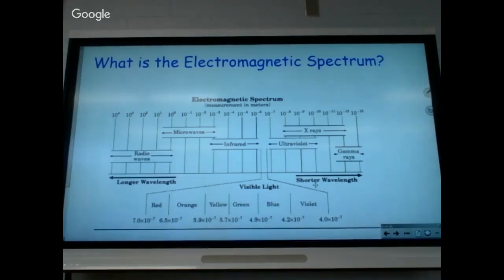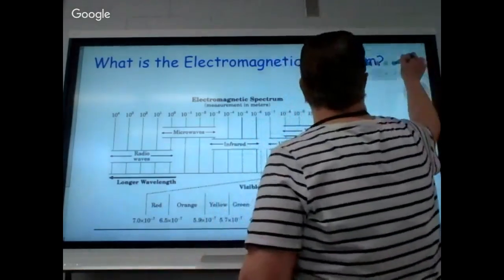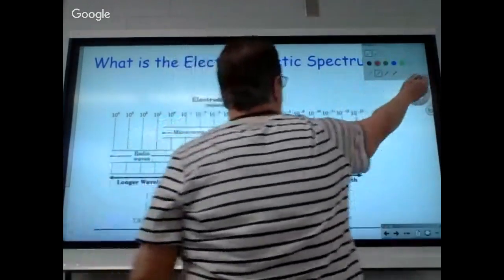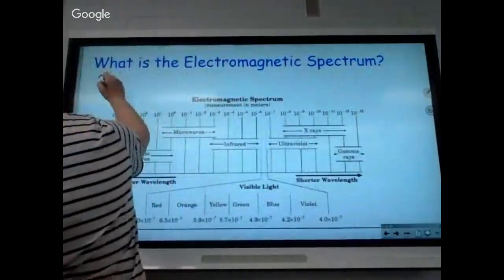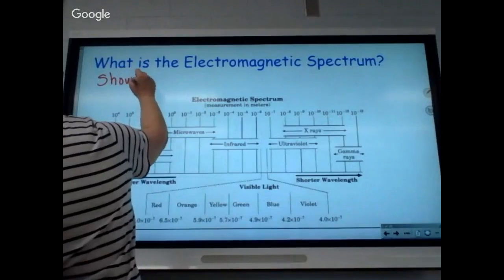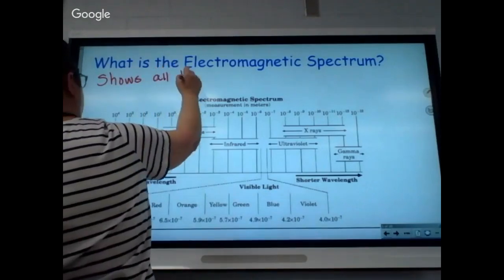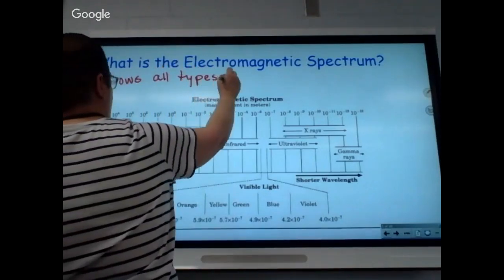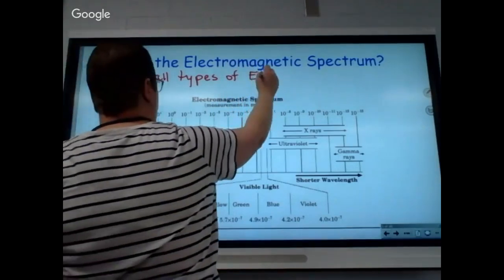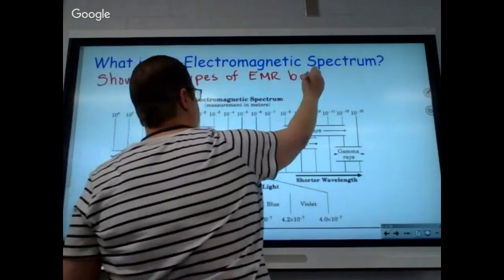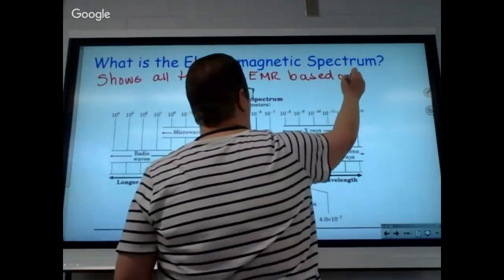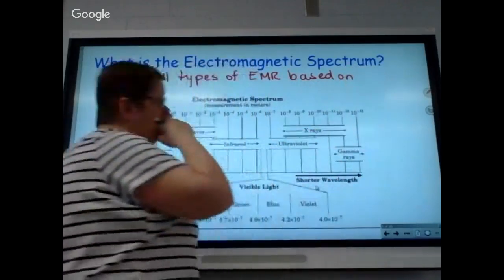So what is the electromagnetic spectrum? We call it EMR. The electromagnetic spectrum shows all types of EMR based on what?